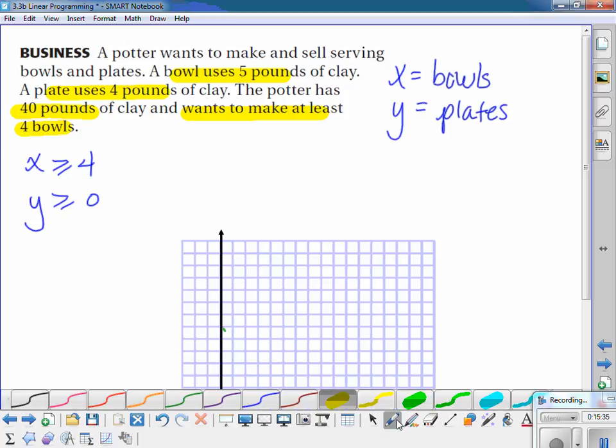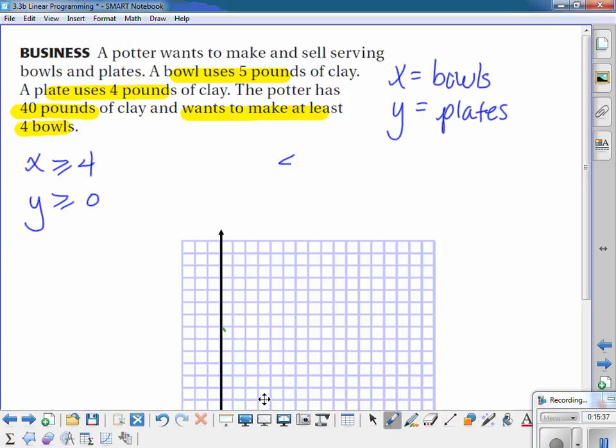So whatever I'm coming up with here has got to be less than or equal to 40, right? So how could I represent the amount of clay that I use for the bowls? I could take the 5 pounds times how many bowls I make, right? And then in addition to that, I would have 4 pounds times how many plates. Okay? So those are my constraints.